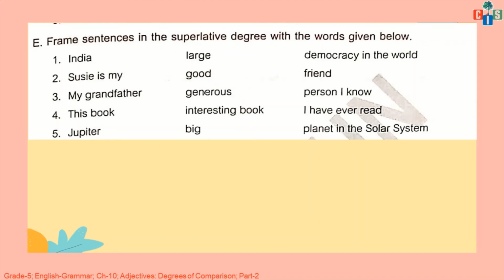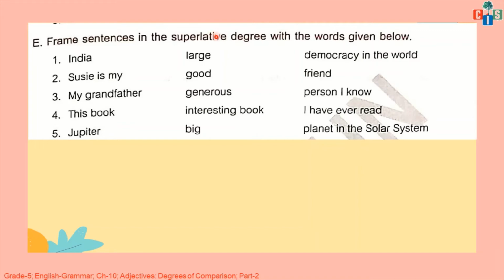Yes, scholars, the same thing is given here in E exercise, that frame sentences in the superlative degree with the words given below. Okay, you have to make a sentence in the superlative degree. So what do we have to do in superlative degree?